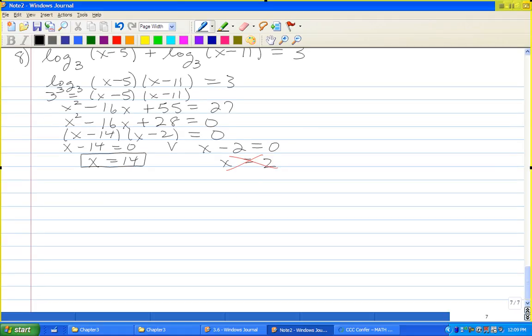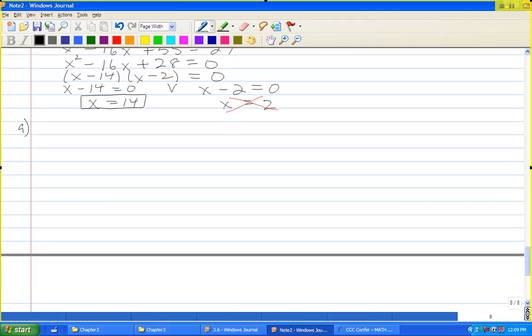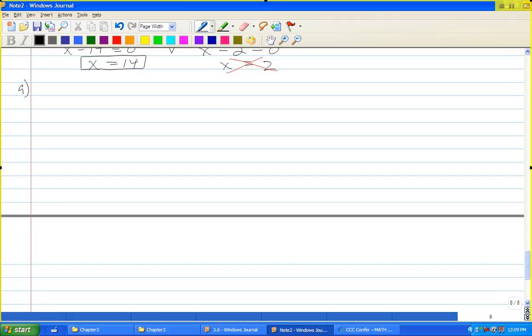Do problem 9. Oh, okay, now I understand what they're saying. This is (9/2) to the x equaling 3 to the 1 minus x.